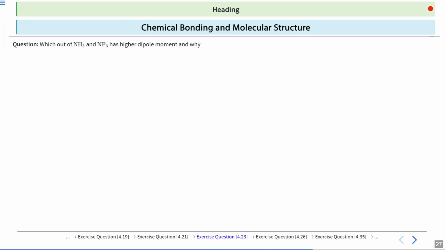The question says: which out of NH3 and NF3 has a higher dipole moment and why? You have some time to think about it. Just see what the direction of the dipole moment is and you will easily get your answer. Just draw the shape, see the direction of the dipole moments, and you will see which of the two has a greater dipole moment. Time starts now.